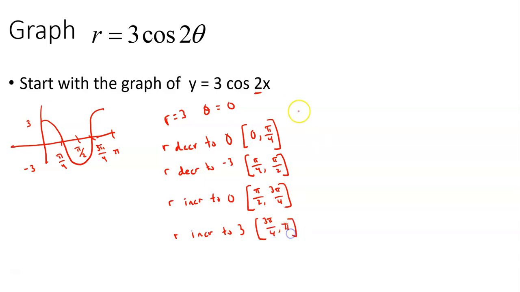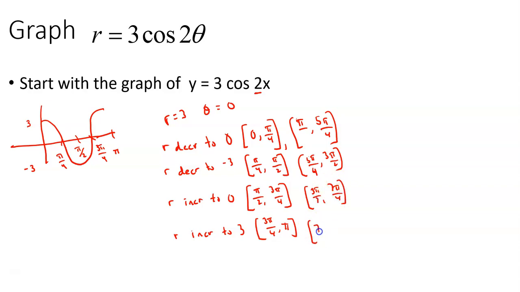Now, the good news is once we've done this once, we just rinse and repeat, because it'll do the same thing from pi to 5 pi over 4, 5 pi over 4 to 6 pi over 4, which is 3 pi over 2, 3 pi over 2 to 7 pi over 4, and then 7 pi over 4 to 2 pi.